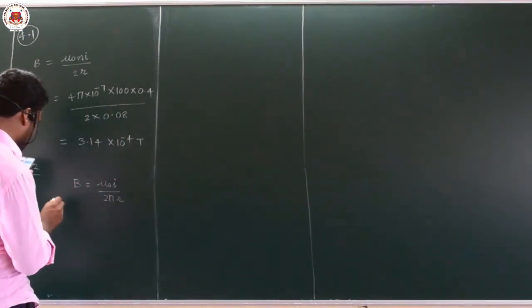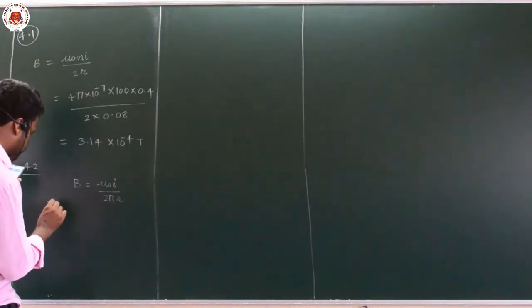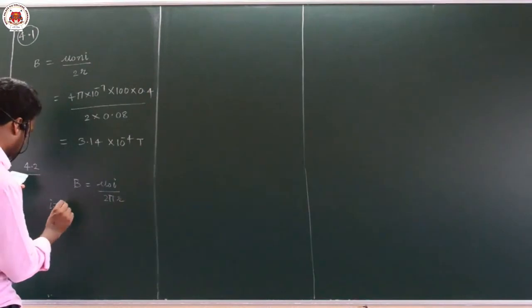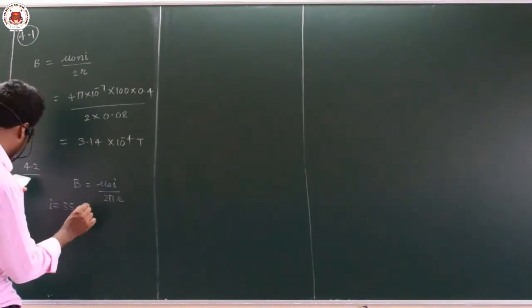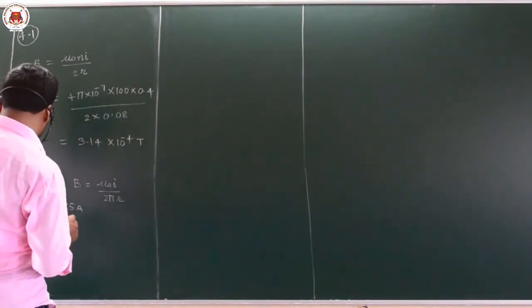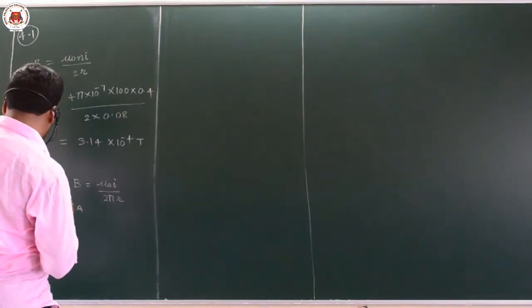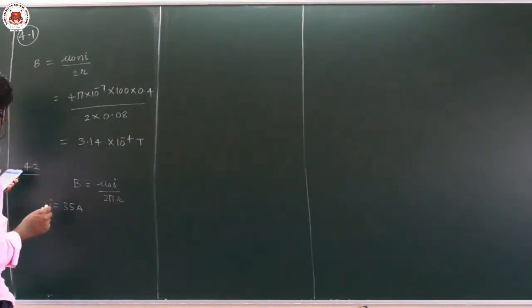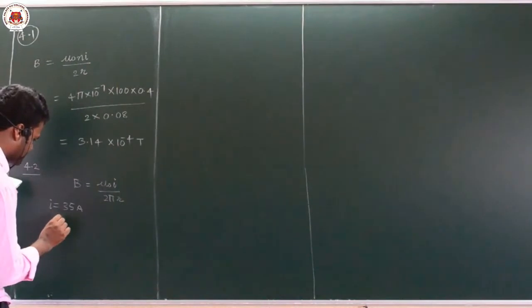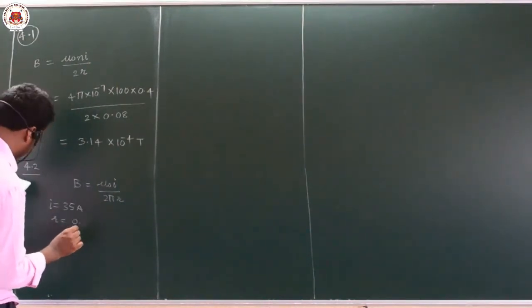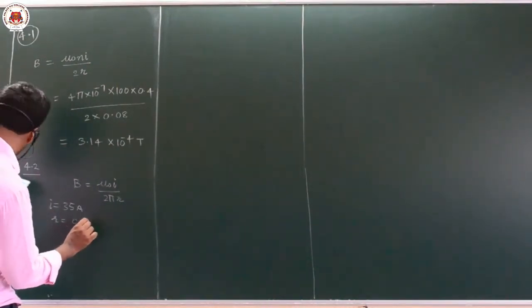Here the current in the wire is given as I is equal to 35 amperes, and the magnitude of magnetic field is asked at a point 20 centimeters from it, so r is 0.2 meters.